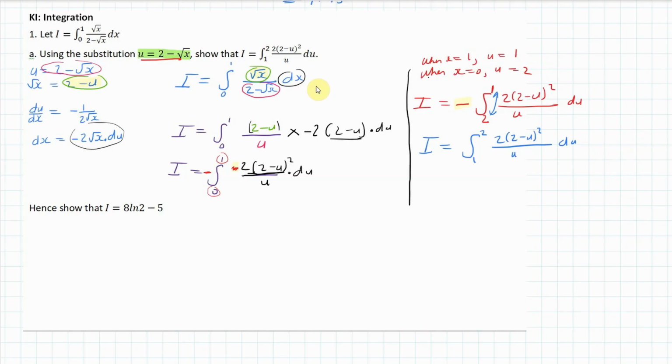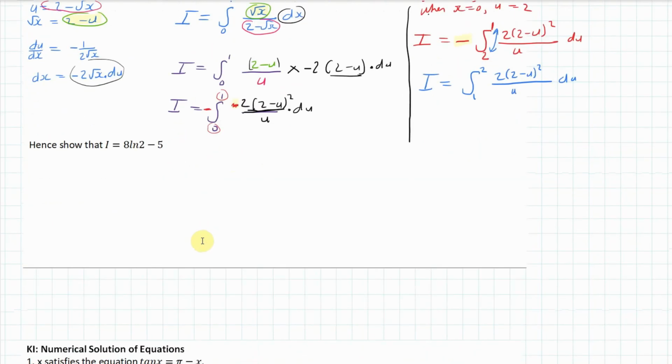Now I've got to show that I is equal to 8 ln 2 minus 5. So, how are we going to integrate this? Probably what I would do first would be to expand the bracket here. So I'm going to get 2 into 4 minus 4u plus u squared all over u du.